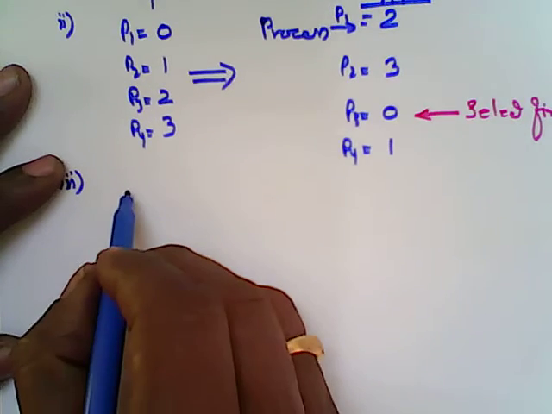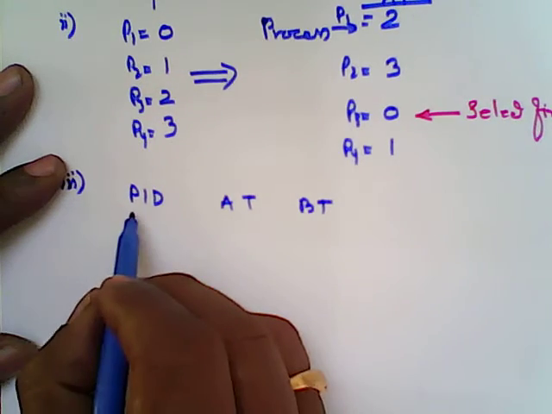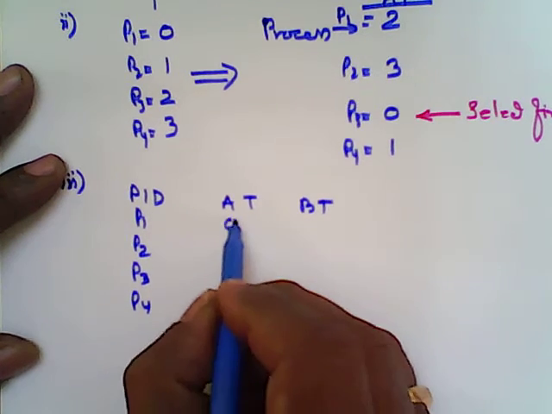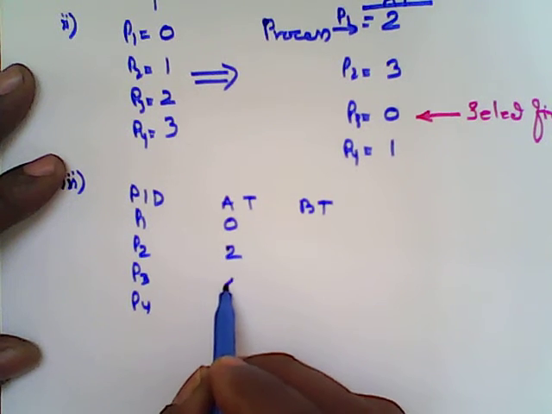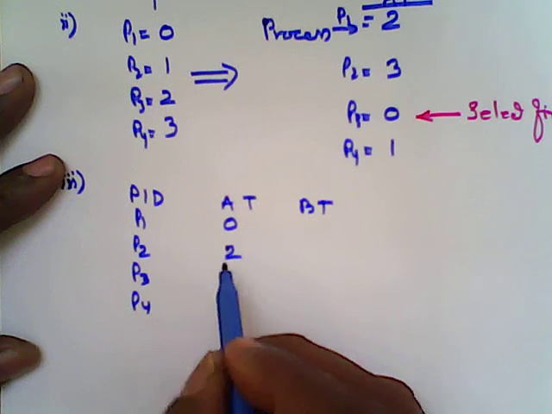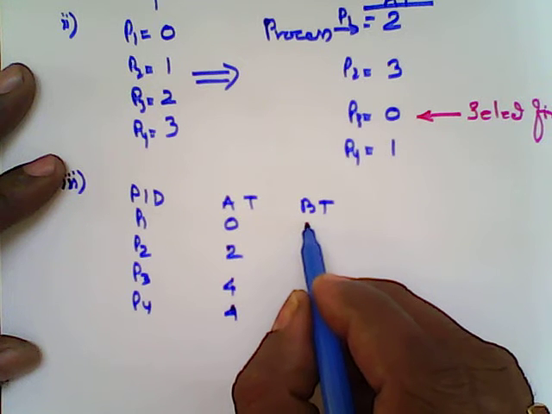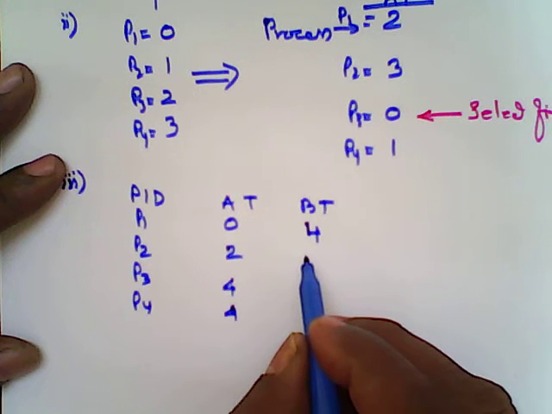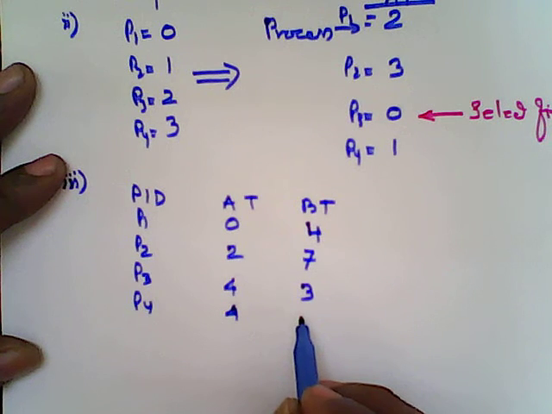I am writing PID, AT, BT. Four processes P1, P2, P3, P4 with arrival times 0, 2, 4, 4, and burst times 4, 7, 3, and 5.